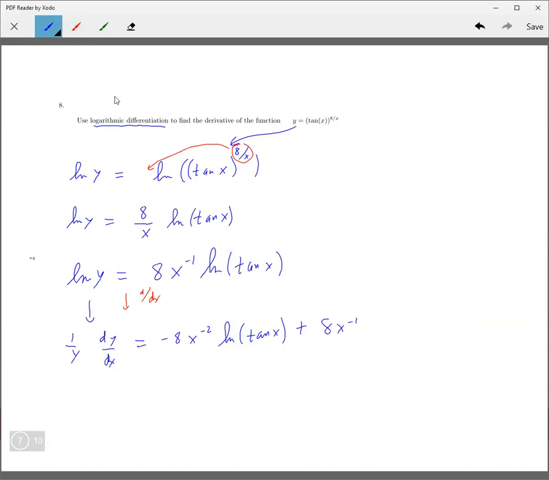Okay, so the derivative of this term is 1 over tangent x times the derivative of tangent, which is secant squared x. Okay, so the derivative of tangent is secant squared. So this is just putting that there, and that's the derivative.